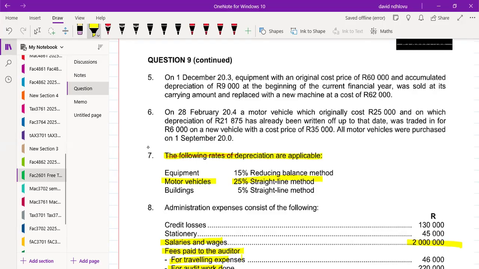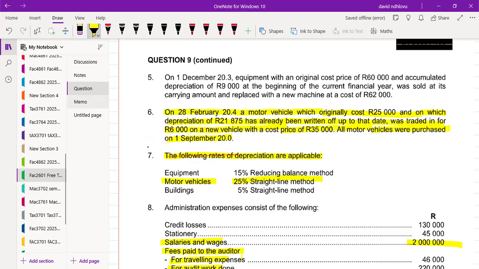And then they say on 28 February of the year 2024, a motor vehicle which originally cost 25,000 and on which depreciation of 21,875 has already been written off up to that date was traded in for 6,000 on a new vehicle with a cost price of 75. All the motor vehicles were purchased on 1 September.